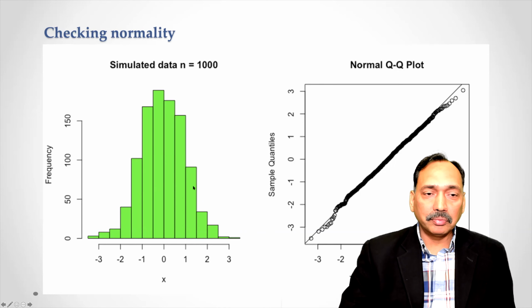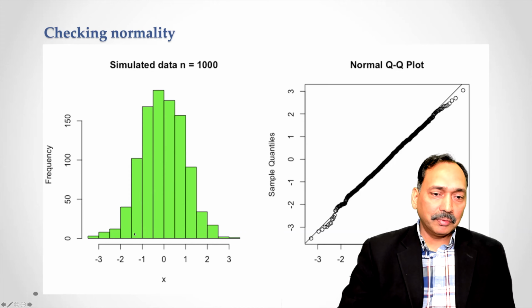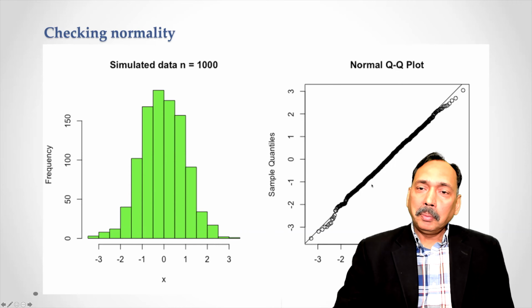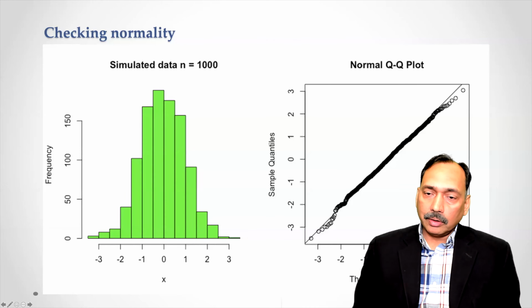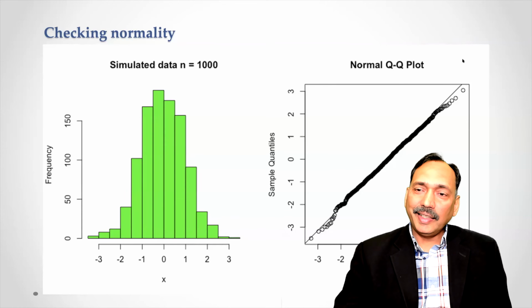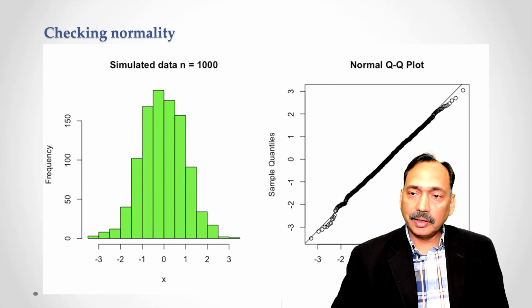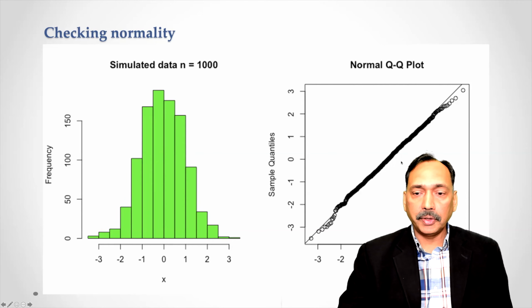Sometimes you may look at things more minutely. Somebody may say maybe this tail is thinner and this tail is thicker, something like that. But in probability plot, as I said earlier, we mostly focus on the middle points, and little bit of deviations in the tails are expected and they will be there, but this is more or less a normal distribution.